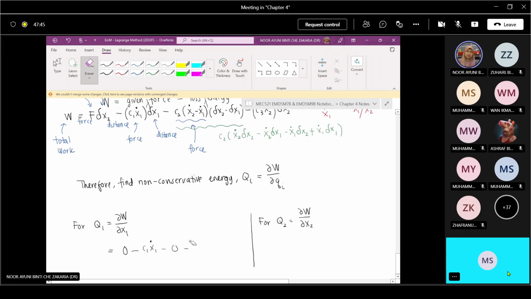I'm missing C2. C2 x2, minus 0. Another one is plus C2 x1.